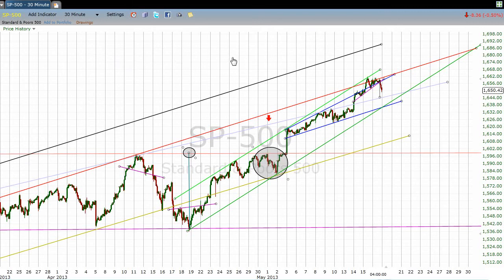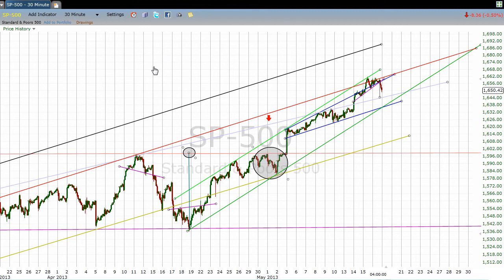Even if it was only down 0.5%, where it happened and the way it happened, I think today was a significant day, and I think it's going to set up a little bit of a downtrend.